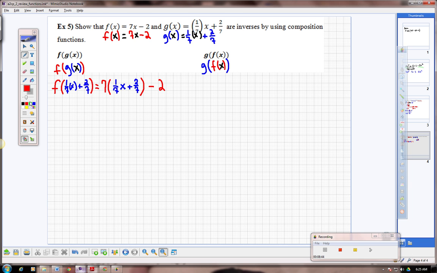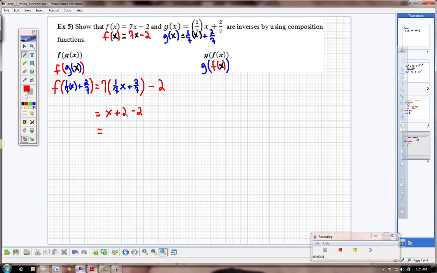I now need to distribute the 7. After I distribute that 7, 7 times 1/7 is just x. And then 7 over 1 times 2 over 7, the 7s are going to cancel out, and I'm going to be left with 2. So it's going to be x plus 2 minus 2. Follow those order of operations.